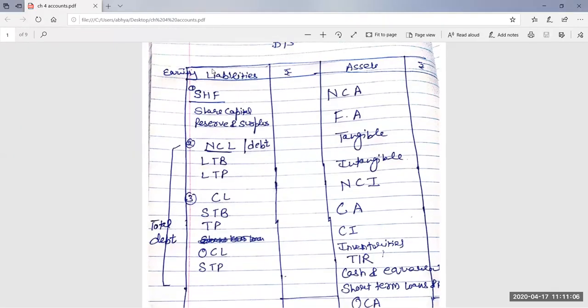Which 4 types? Liquidity ratios, solvency ratios, profitability ratios, and turnover ratios. Out of those 4, we started with the liquidity ratios.